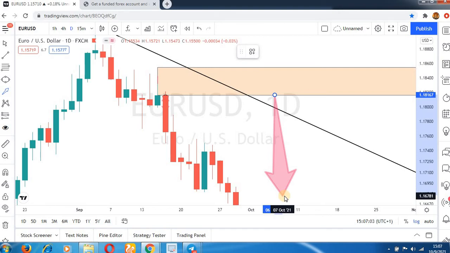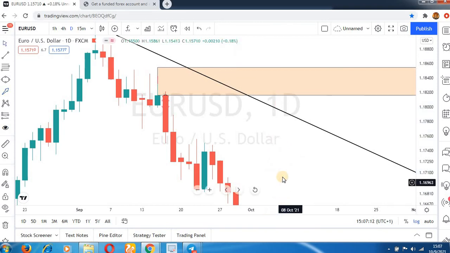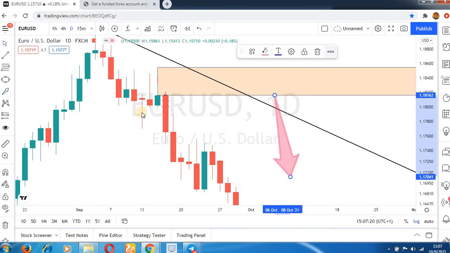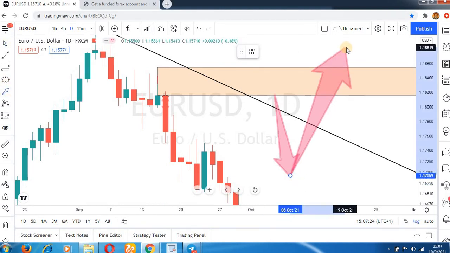If it is enough to drive price all the way down. If it's not enough, then it will drive it momentarily down, then retrace back and go for where there are enough orders that will drive it further down.